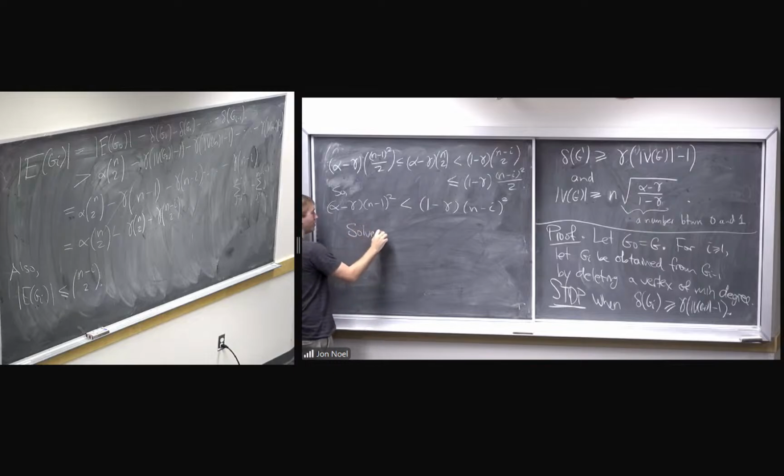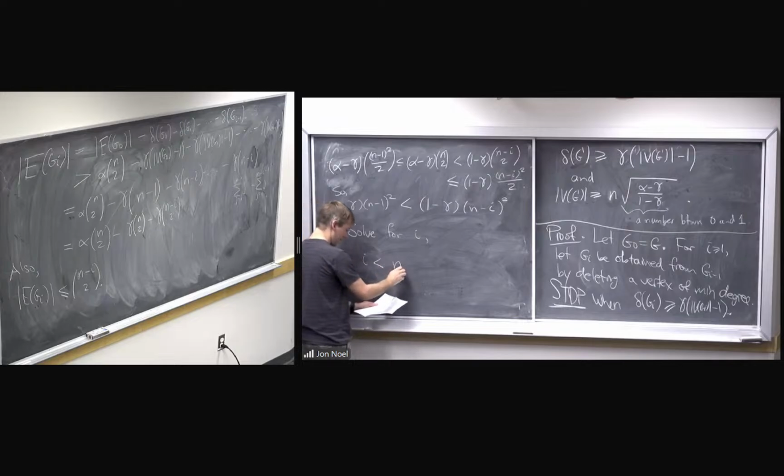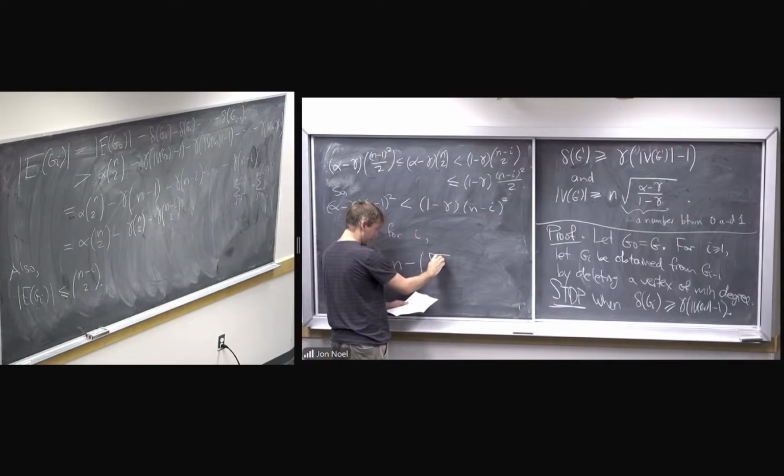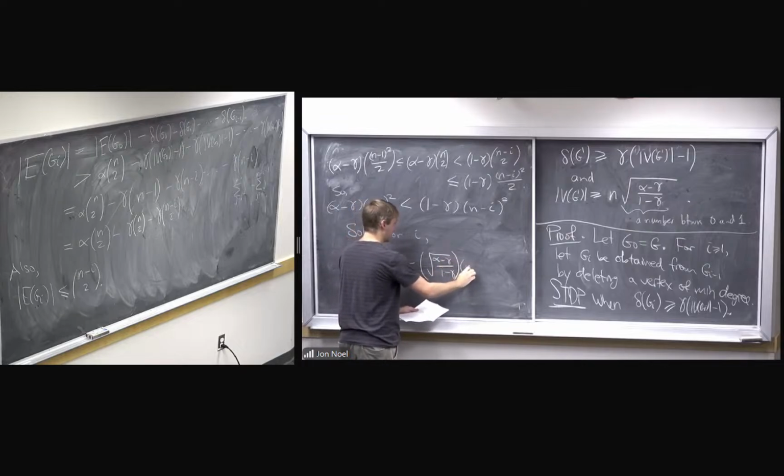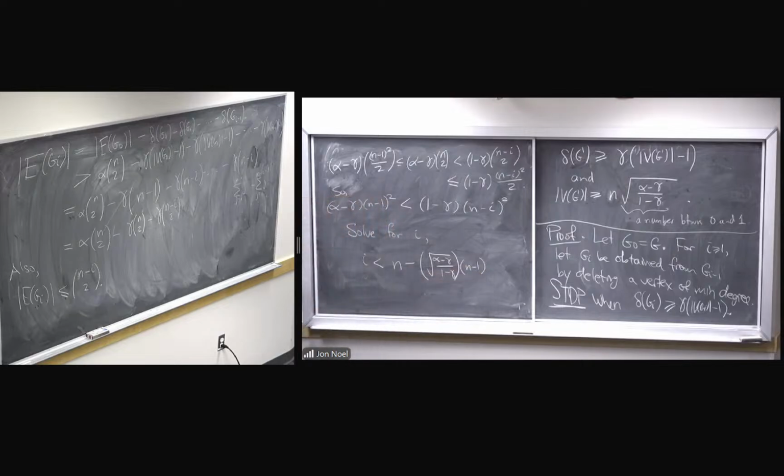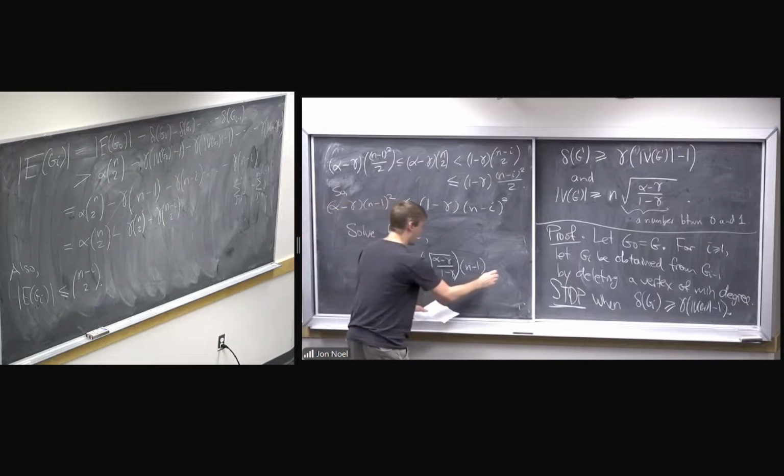If you solve for I, maybe you have to throw away some small terms, but essentially you get that I is less than n minus square root of alpha minus gamma over 1 minus gamma times n minus 1. Oh, and sorry, at the end there's a plus 1.